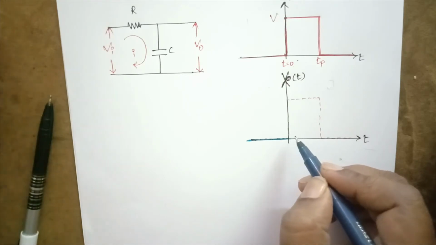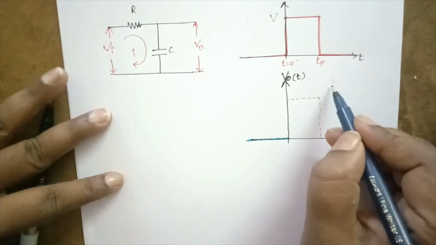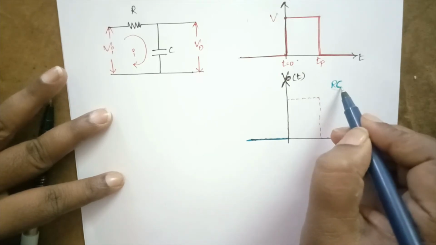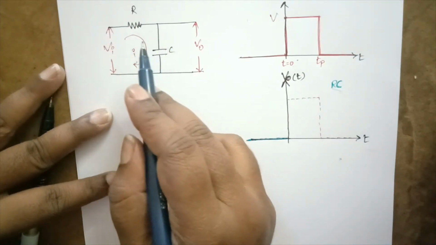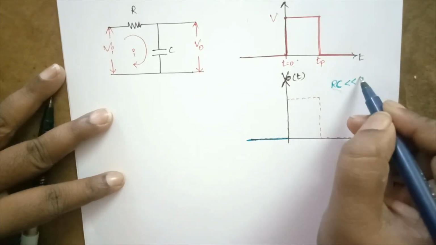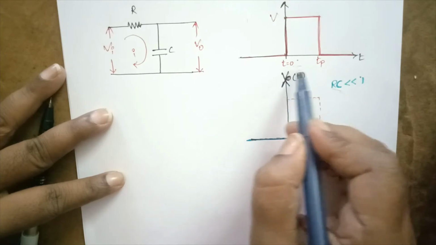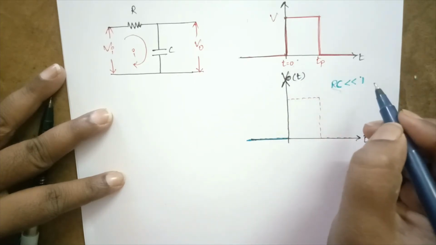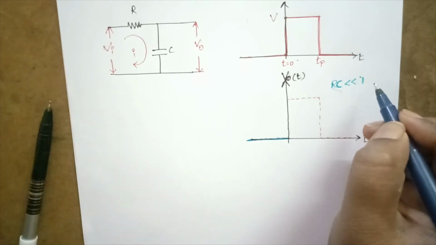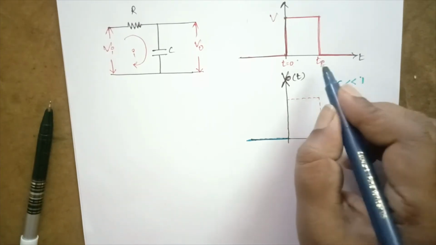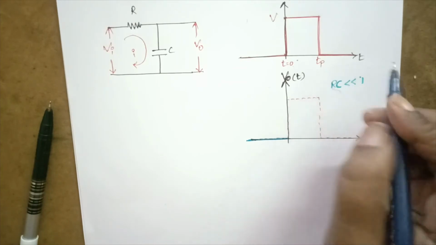Here I assume that the RC value, which is the time constant of the low pass circuit, is very small compared to the time period. Here the time period is Tp only, because the pulse is defined only up to Tp.